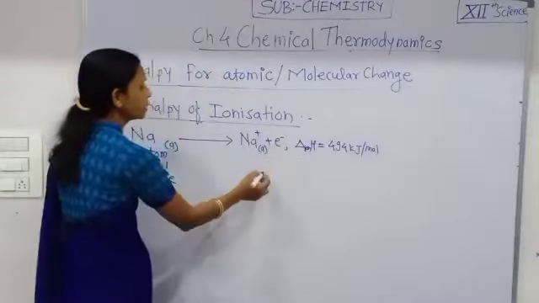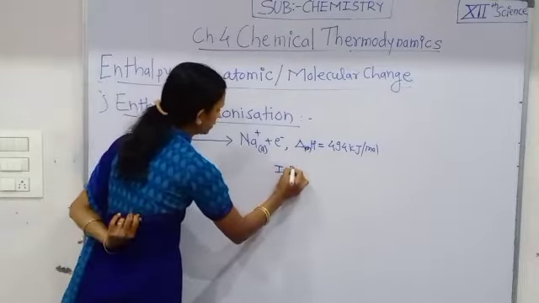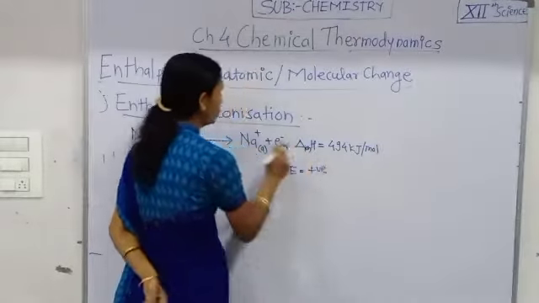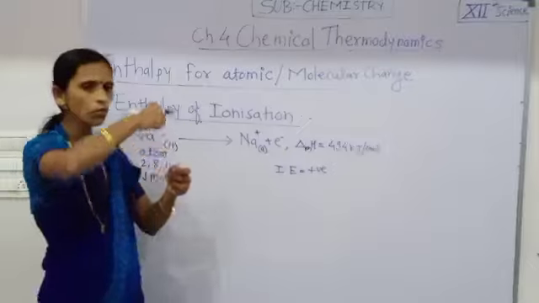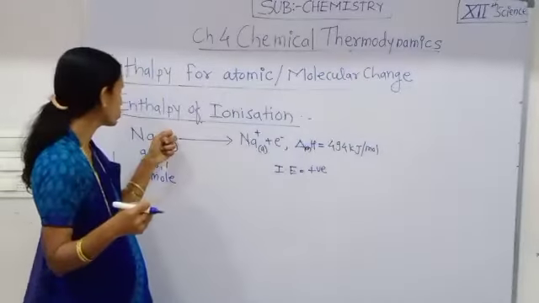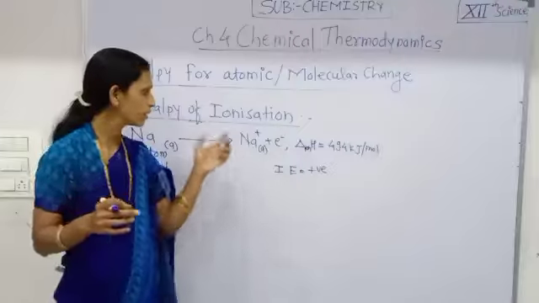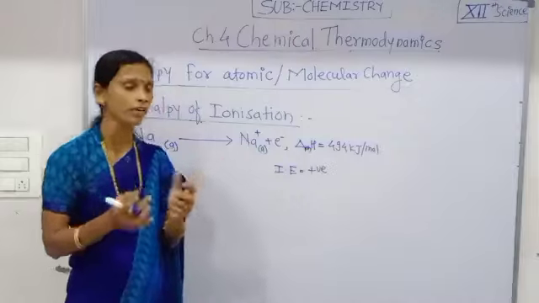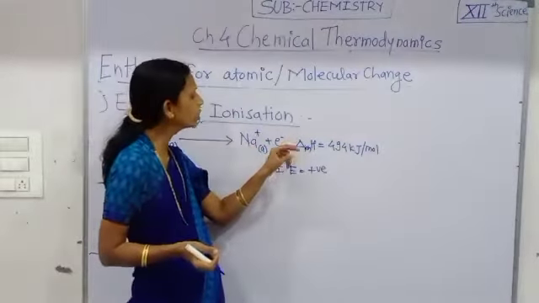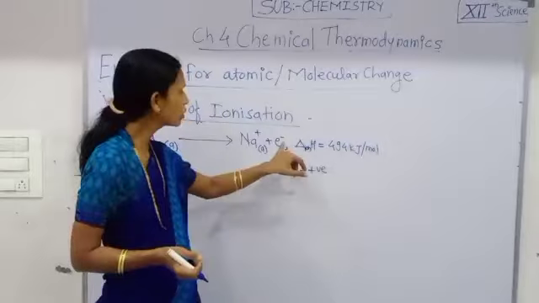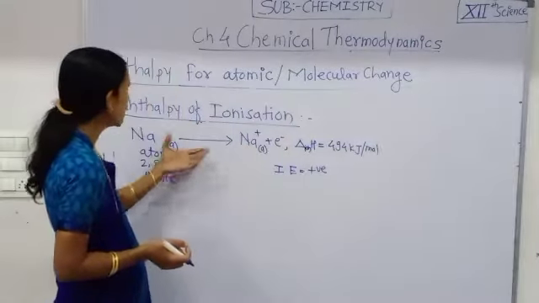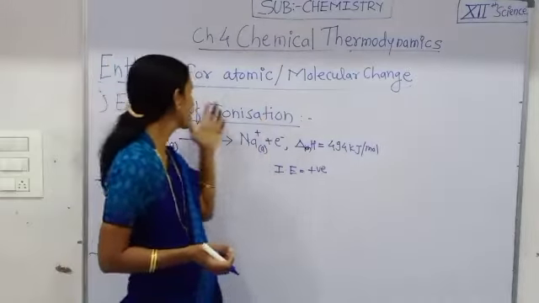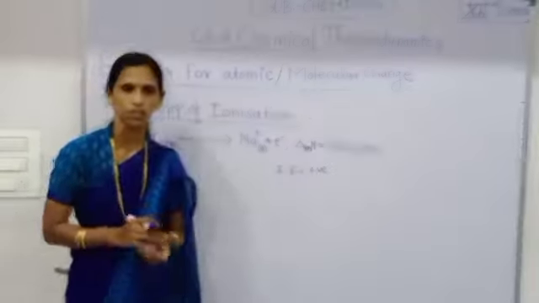The enthalpy of ionization is always positive, because removing an electron from the outermost orbit of an atom requires energy, that is, energy is required to remove the outermost valence electron.